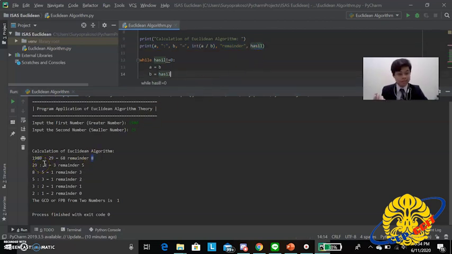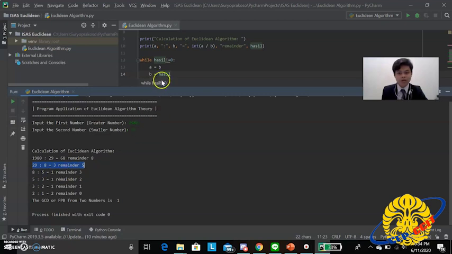So the principle of Euclidean algorithm is a larger number divided by a smaller number, and it has a remainder. Okay, so this is the second calculation in the while syntax.